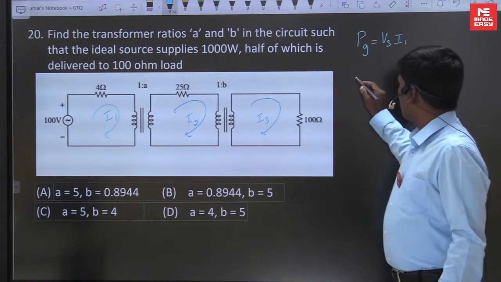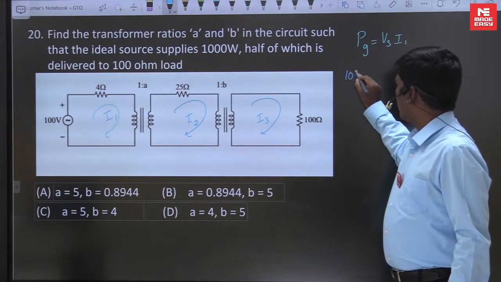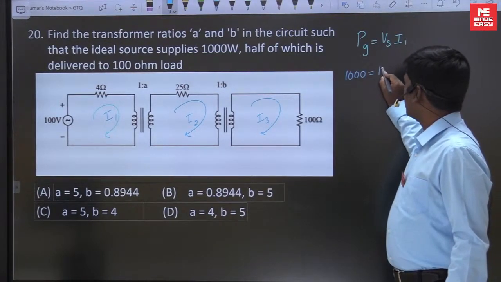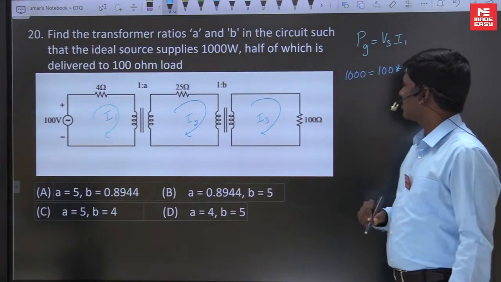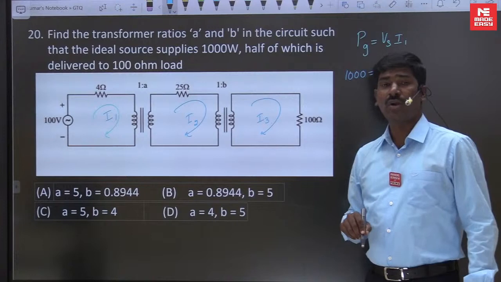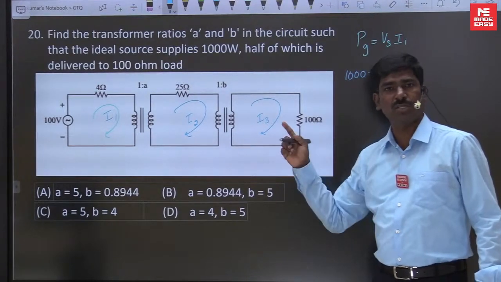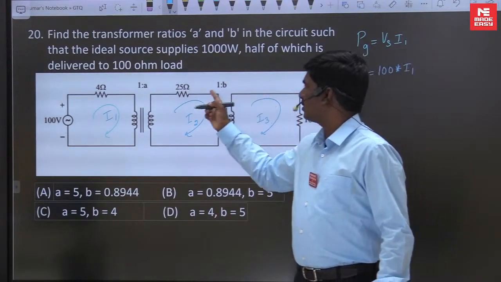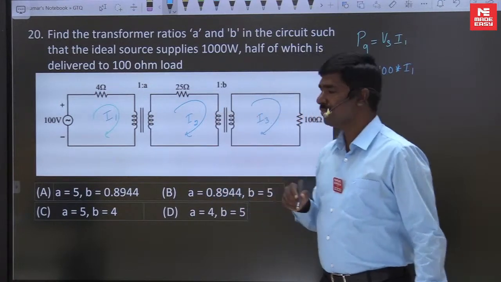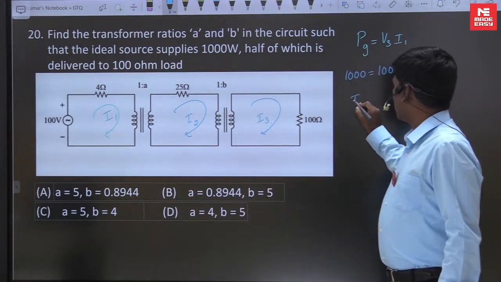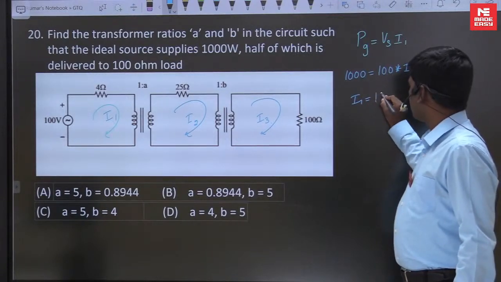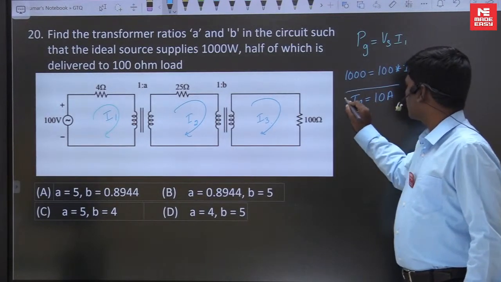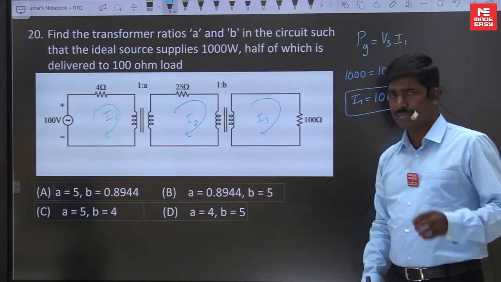So I1 is equal to Pg, already given as 1000 watts, over Vg, which is 100 into I1. Why am I writing only V and I? There is no cos phi because there is no inductor and no capacitor. So I1 is equal to 1000 by 100, which is 10 amperes. I1 is 10 amperes.